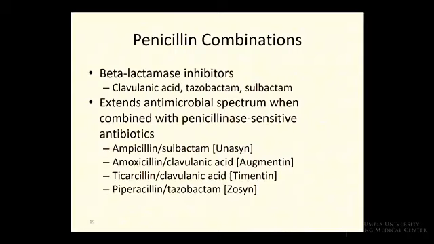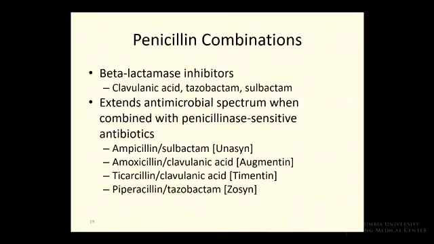Okay? Remember, beta-lactamase is the enzyme that the bacteria produces to digest the drug. Okay? And so a beta-lactamase inhibitor would block that and increase the life and activity of the drug.